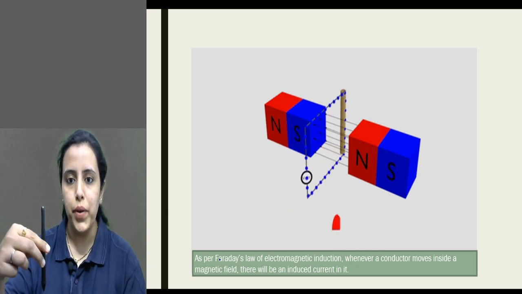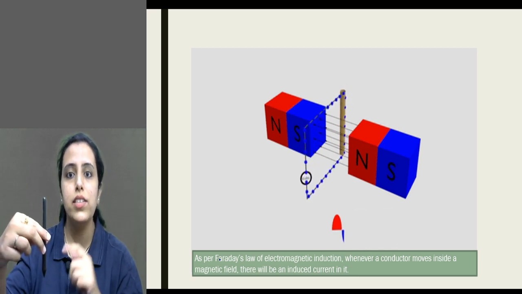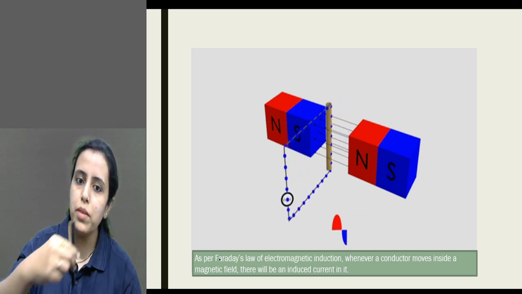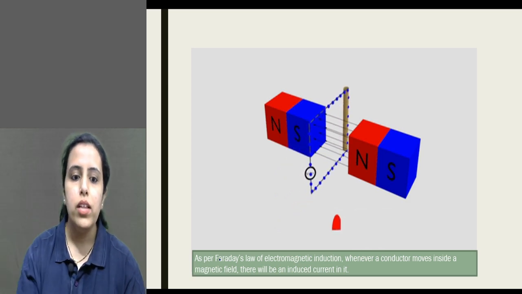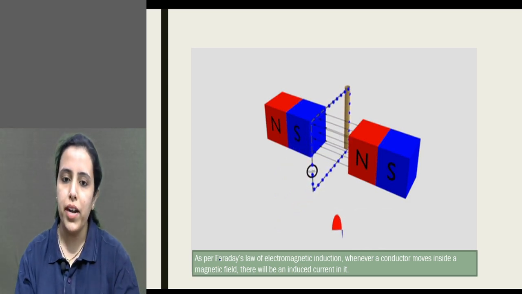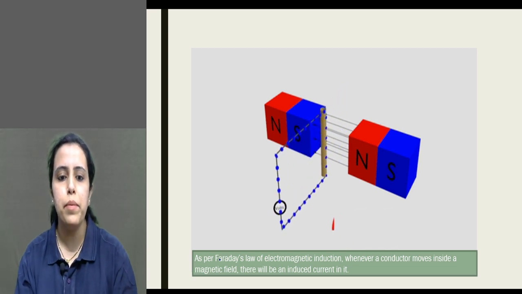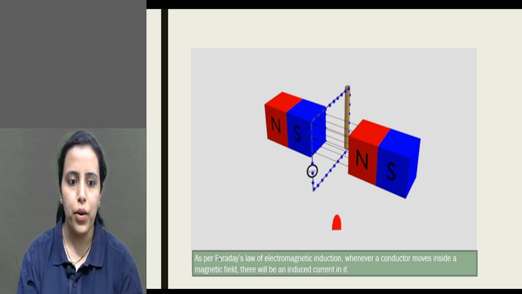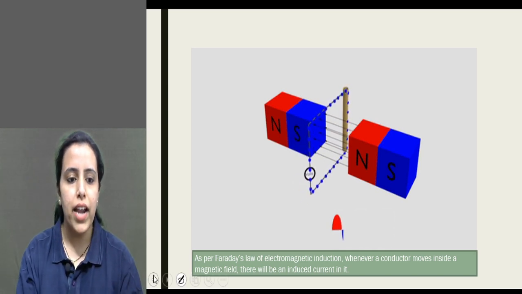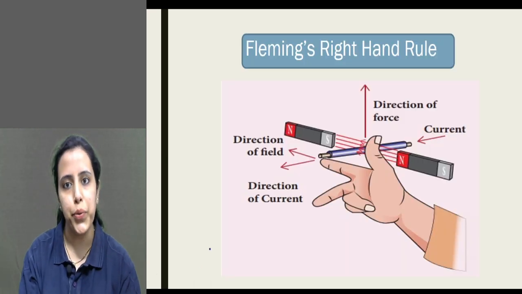The current in the conductor is induced just because it is moving through the magnetic field. It is not stationary this time. This is Faraday's law of electromagnetic induction: whenever a conductor moves inside a magnetic field, there will be an induced current in it.